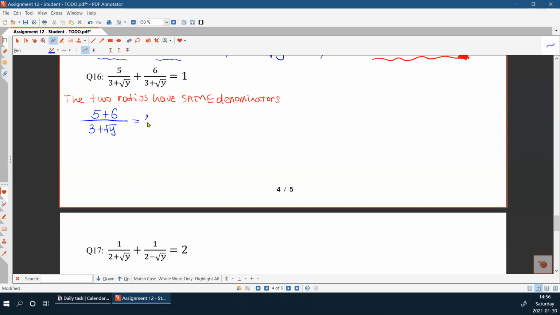Okay, the result is 1. Okay, what does this mean? This means 11 is, by cross multiplication method, 11 is 3 plus square root of y, right? Okay, this means square root of y is actually 8. Okay, when you have a square root of something is 8, this gives you y is actually 8 raised to the second power, right? Which is 64. Understand?